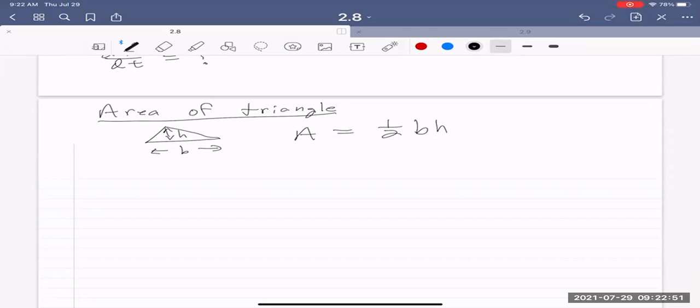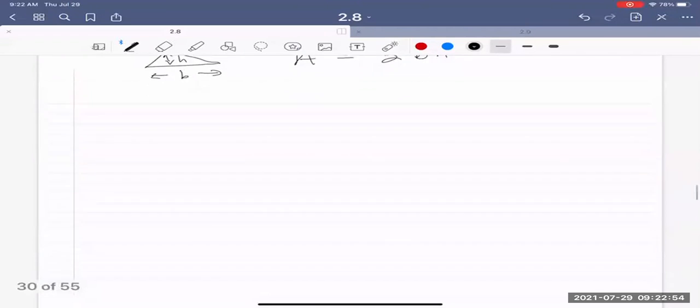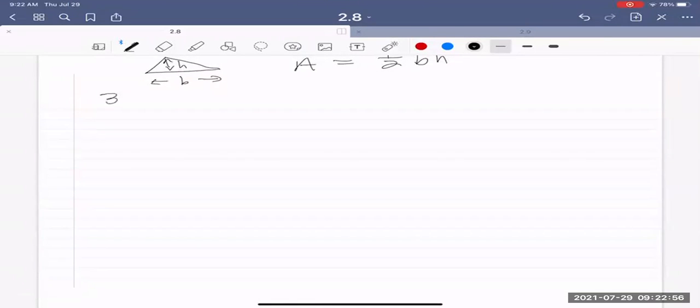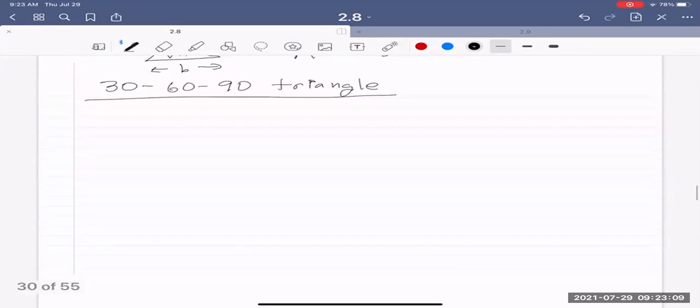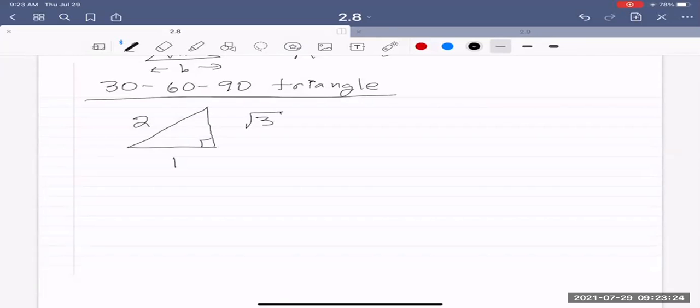Let's also recall a 30, 60, 90 triangle. And so we have the following: 2, 1, root 3, where this angle is pi over 3.